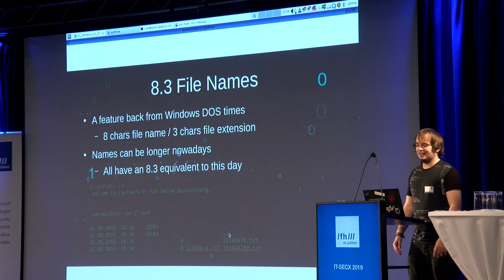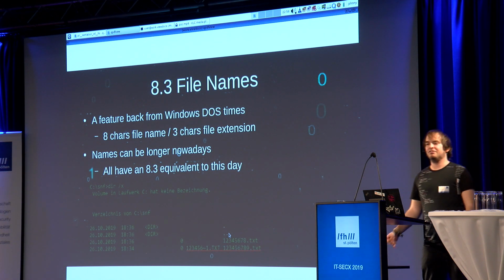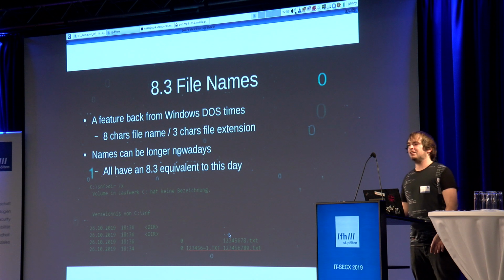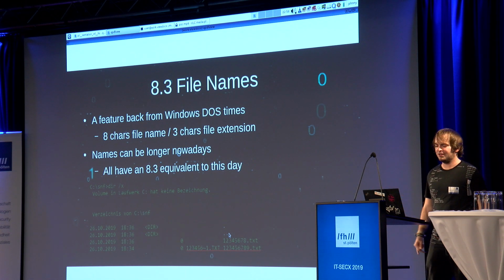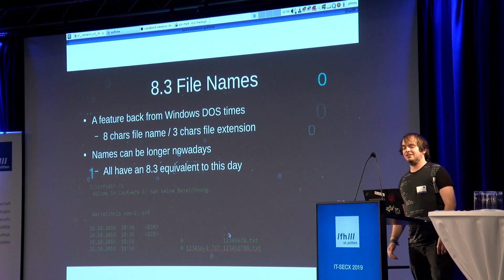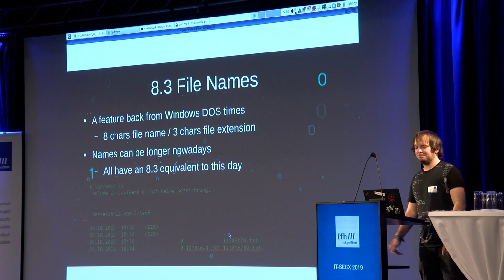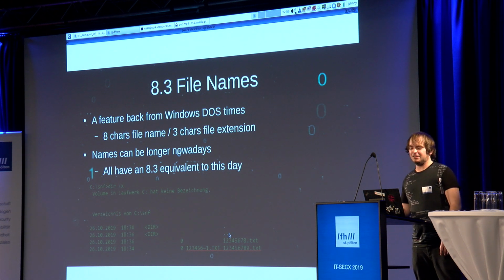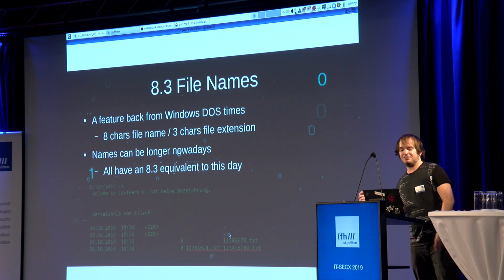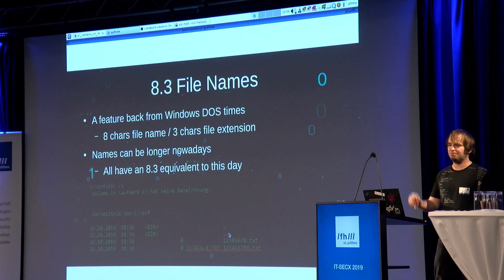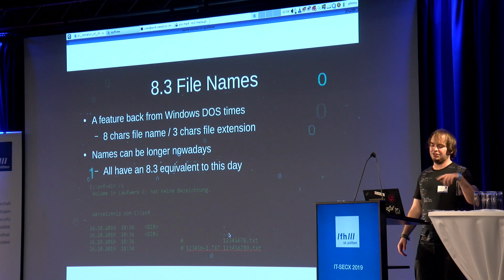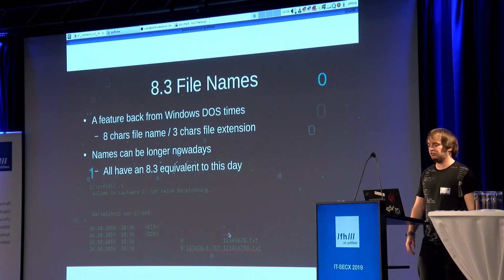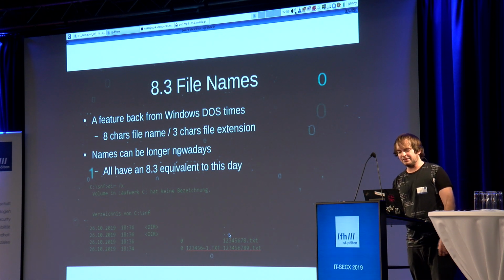But when you create a file with a longer file name, Windows will store an 8.3 version for that as well, and you can use both names. So when you have a file name called 123456789, it will be stored as 123456~1, and both names work fine. And you can use the cmd dir command with /x to show the actual name.